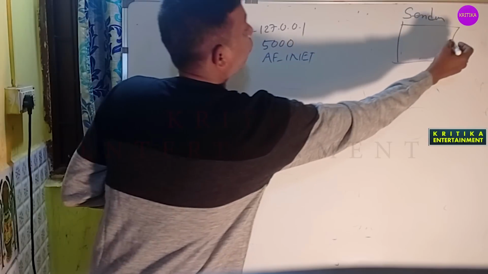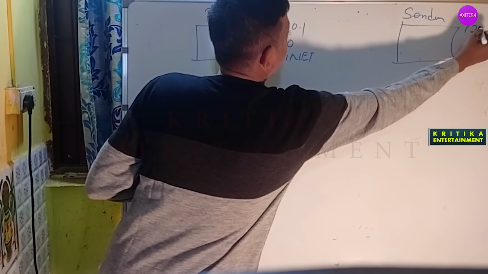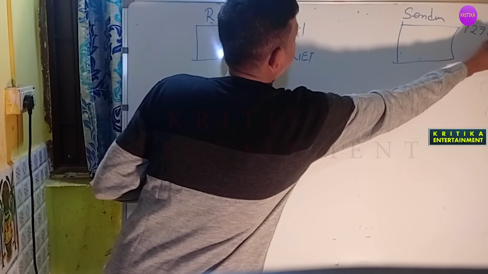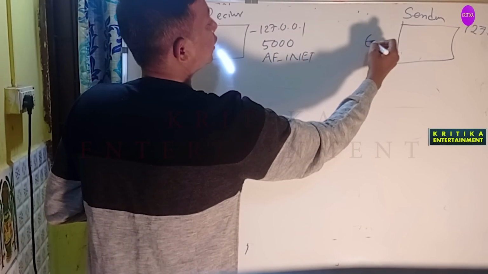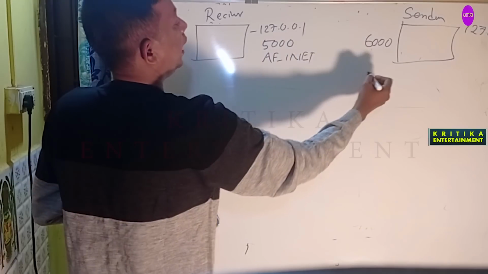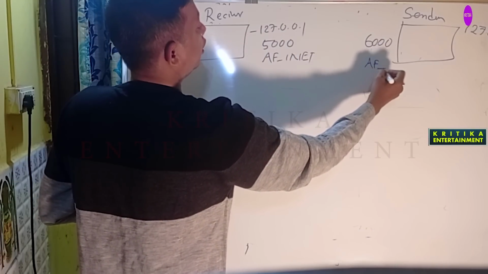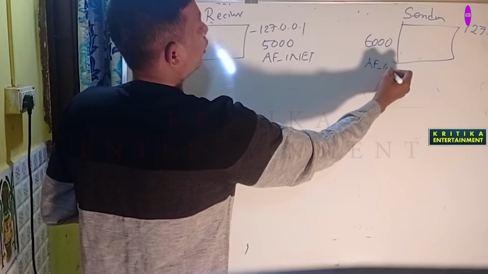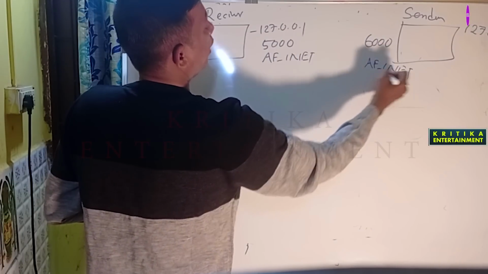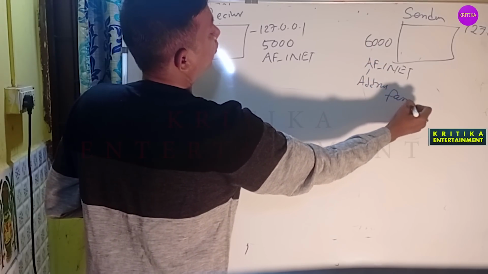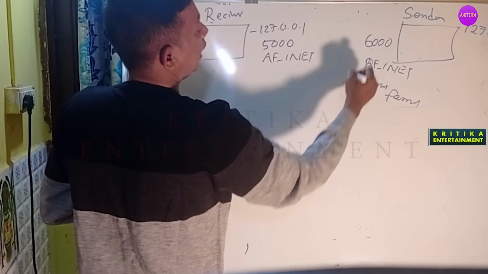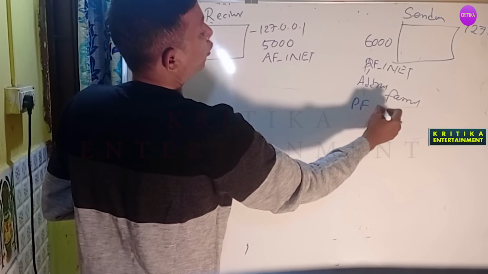For the sender, what is the IP address? Same machine, so 127.0.0.1. What is the port? I have assigned 6000. What is the domain? AF_INET. AF stands for address family, and PF stands for protocol family.